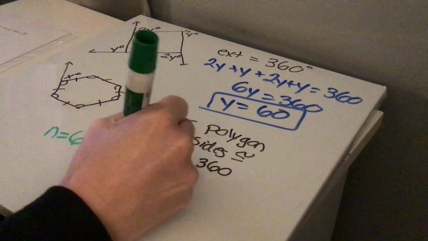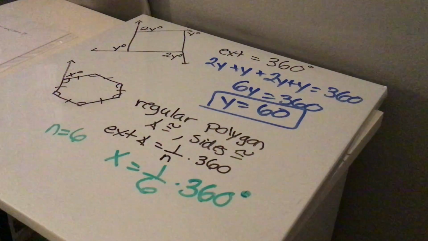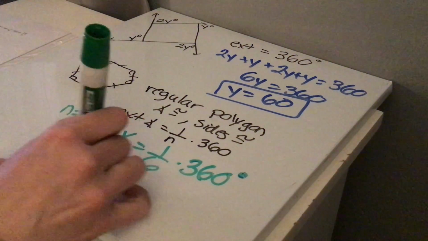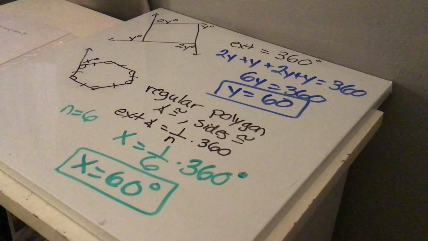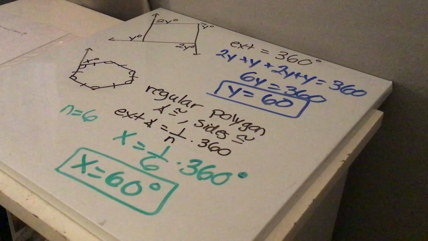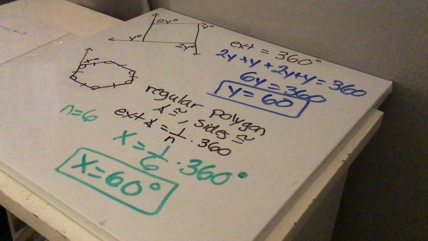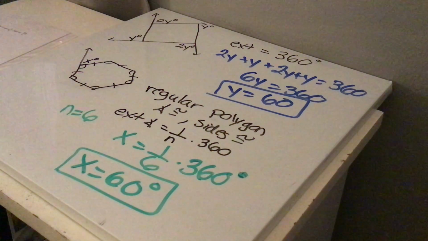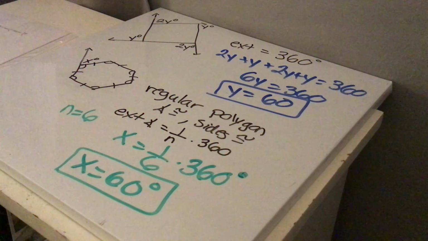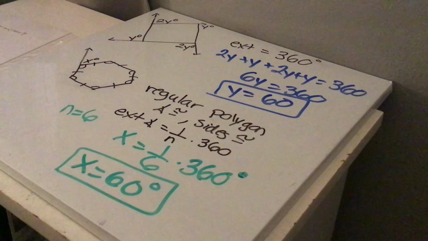So the exterior angle is 1 over 6 times 360, which happens to also be 60. So each exterior angle on this polygon is 60 degrees. Okay, so the sum is always the number of sides minus 2 times 180, and the exterior angles always add up to 360, no matter how big your polygon is.